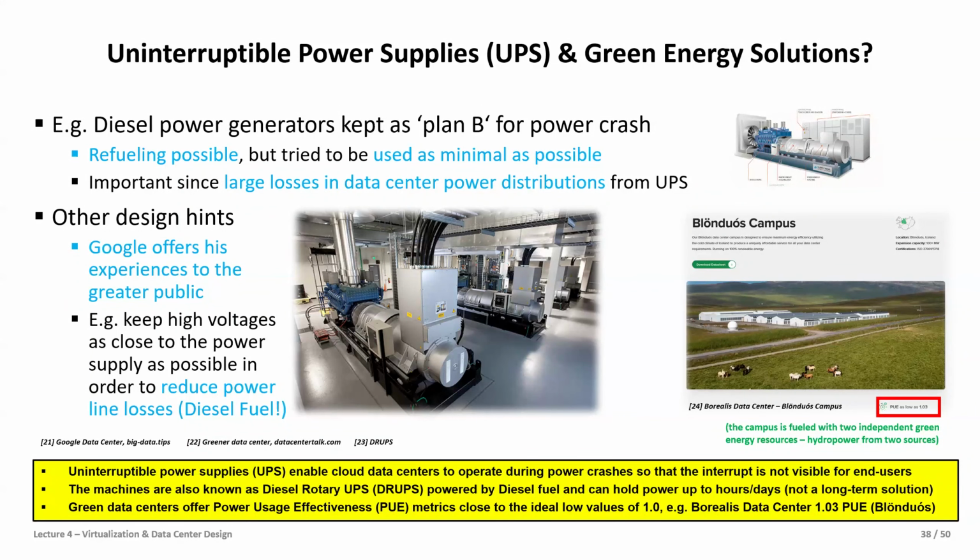But when these would go off, which is very unlikely, and they would use diesel fuel, this would very soon not be green and clean anymore, right? And this is, of course, something which is usually prevented. And that's why this particular data center, as an example, would be interesting to think about, because they have two independent green energy resources. So that something happens with the energy resource is fairly unlikely.